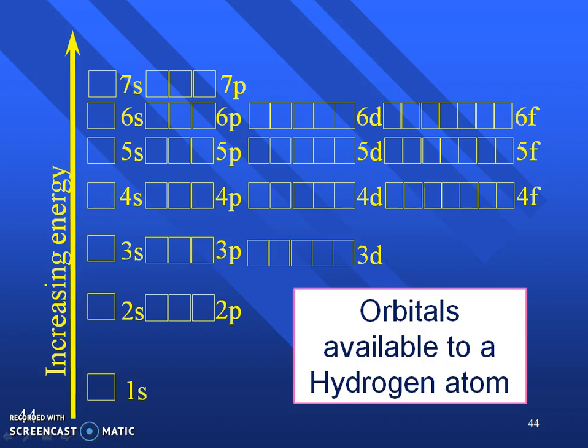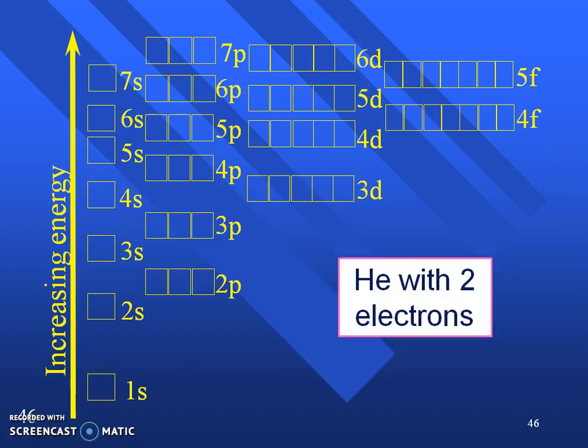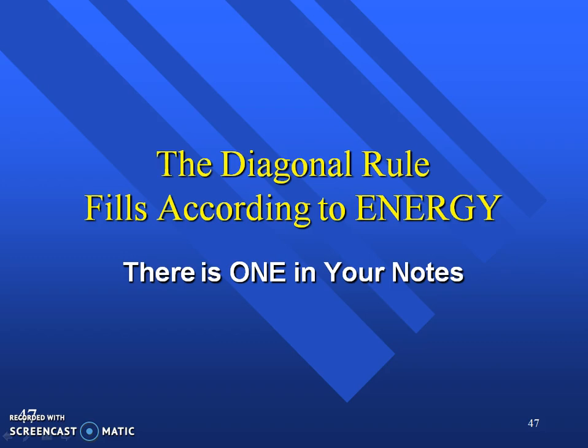And at first glance, we look at the 3s and the 3p and the 3d. They're all in the same energy level, right? Because we say they're all in the 3rd energy level. However, once we start putting electrons into our atom, now that 3s, the 3p, and the 3d are going to shift a little bit in energies. So helium has 2 electrons, and so that's why we go by the diagonal rule.